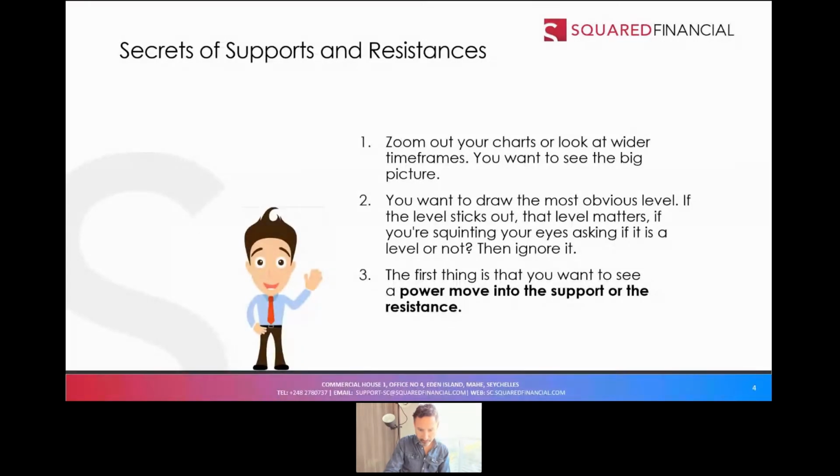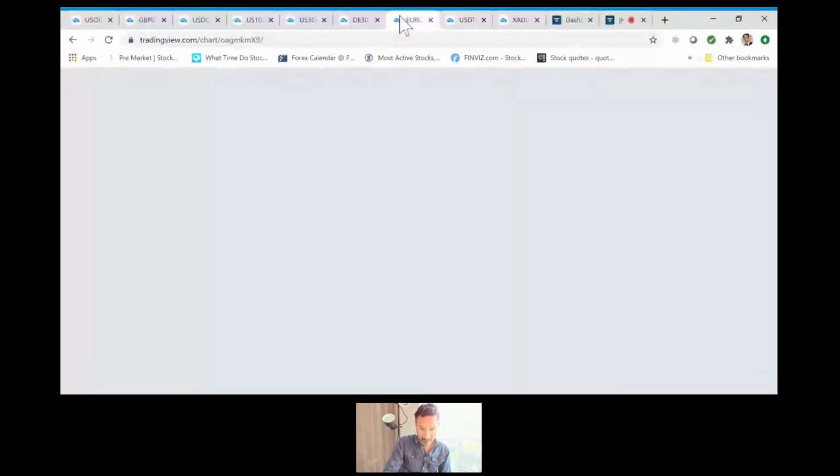So it's screen sharing, entire screen, no, application window, here you go. Okay, so the EURUSD.